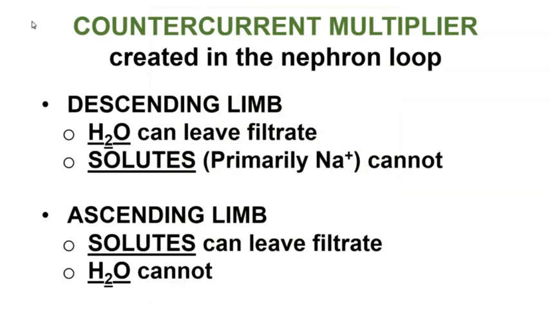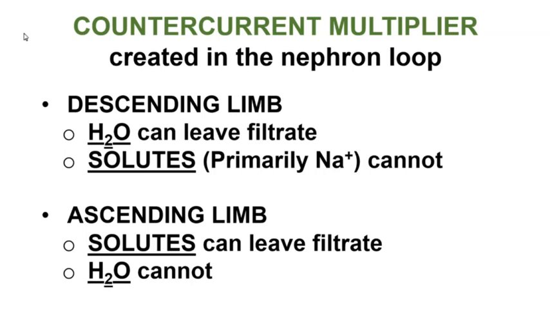Countercurrent multipliers are created in the nephron loop. Recall that we had already discussed this a little bit when we talked about the anatomy of the nephron loop. Recall that the nephron loop, being a U-shaped structure, has a descending limb which comes off of the proximal convoluted tubule. The descending limb makes a U-shaped bend and becomes the ascending limb. The ascending limb then makes its way up to the distal convoluted tubule.